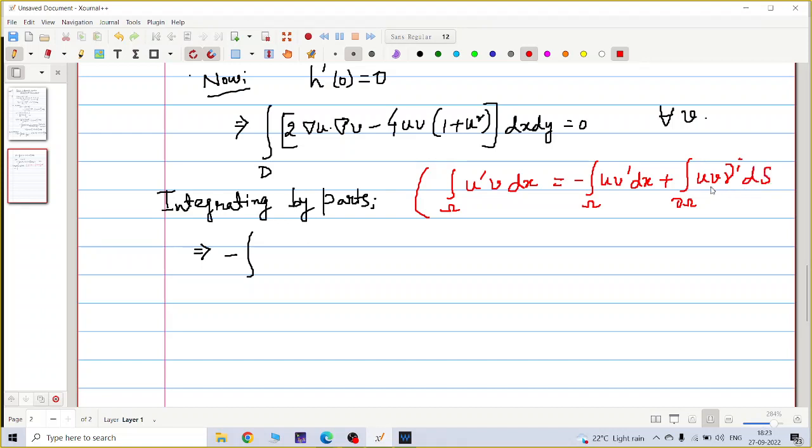S is the surface on the boundary. So this is the integration by parts formula.